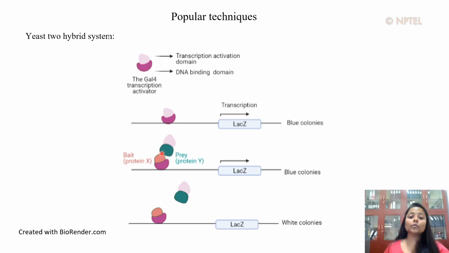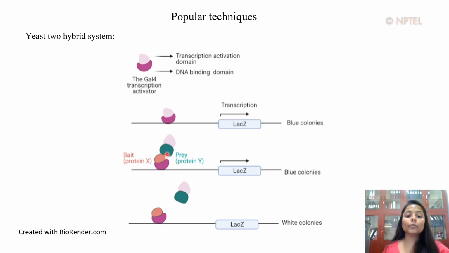Now, if these two proteins are interacting with each other, then the transcription activation domain will be in close proximity of the LacZ gene, which will then activate the expression of beta-galactosidase, ultimately turning the yeast colonies blue in the presence of X-gal.